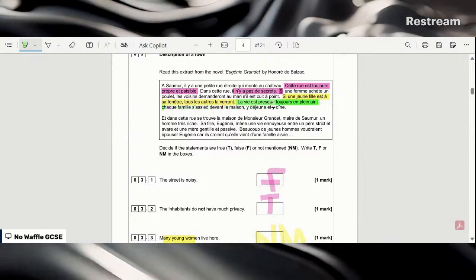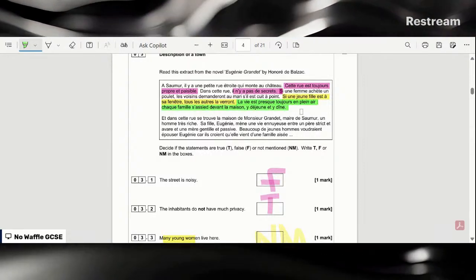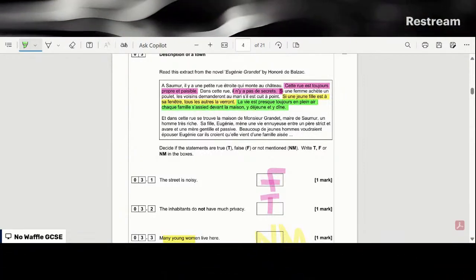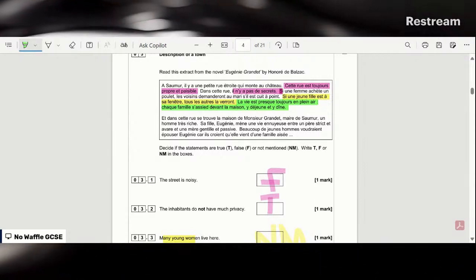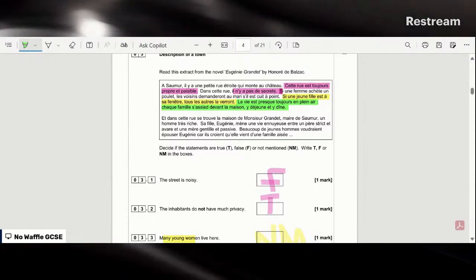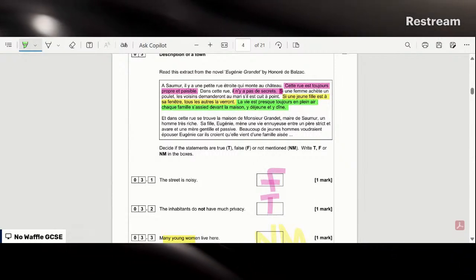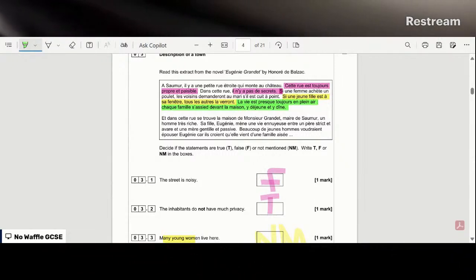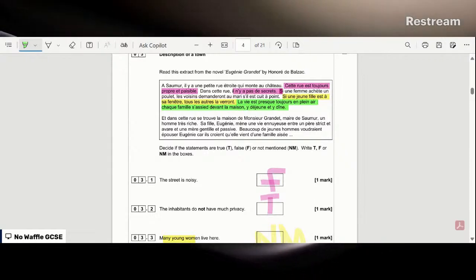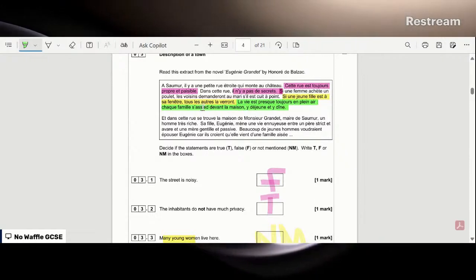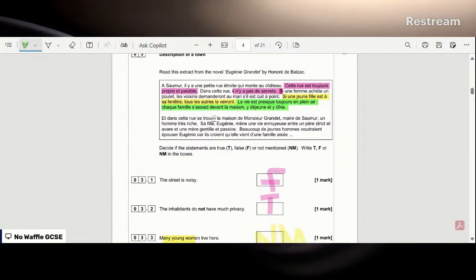Chaque famille s'assied devant la maison, y déjeune et y dîne. So what that phrase means is it sits in front of the house.